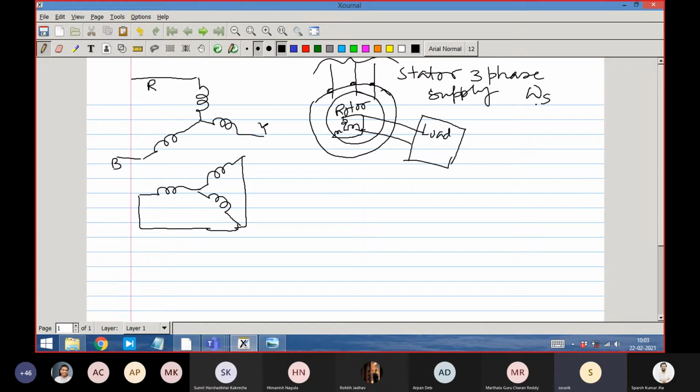Let us say the stator supply frequency is omega s. From now onwards this is called the stator supply electrical frequency. That is 50 hertz, so omega s is equal to 2 pi into 50. For simplicity, at this moment, we will assume that the machine is a two-pole machine.